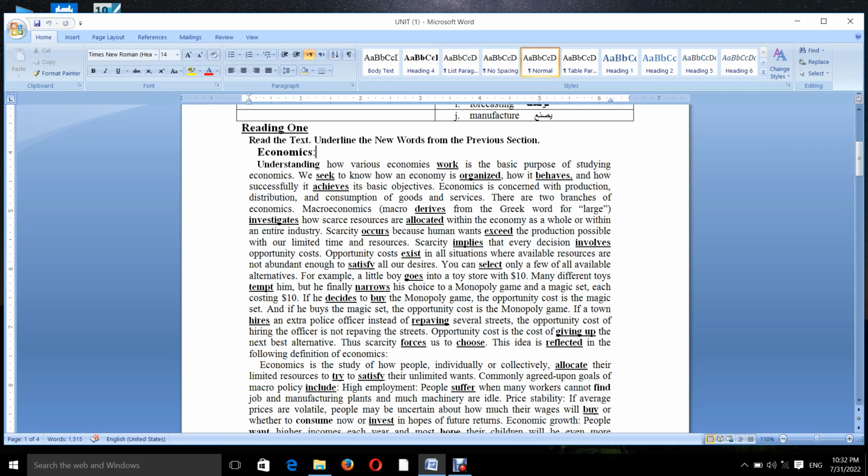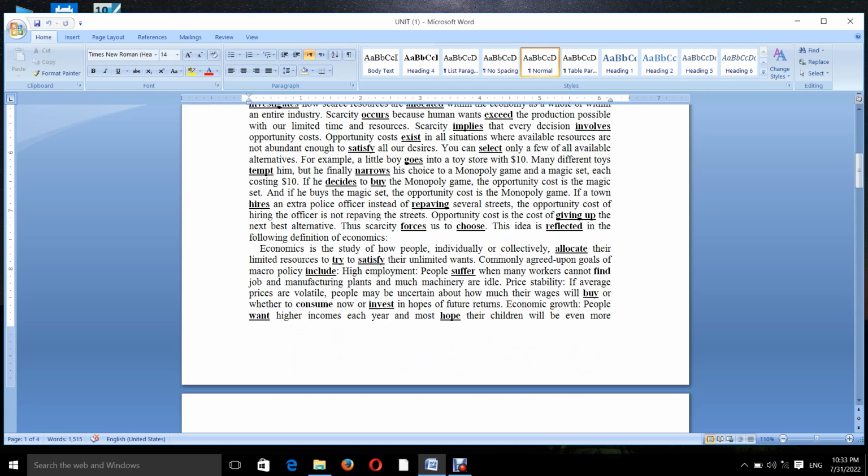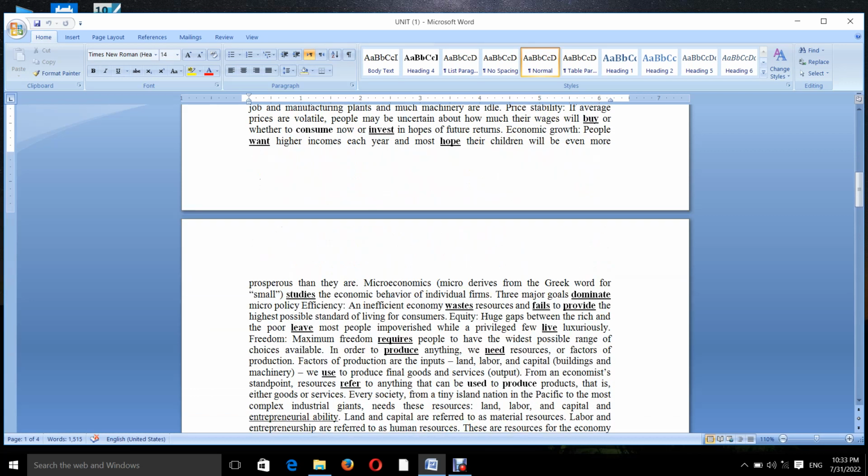If average prices are volatile, people may be uncertain about how much their wages will buy or whether to consume now or invest in hopes of future returns. Economic growth. People want higher incomes each year, and most hope their children will be even more prosperous than they are.